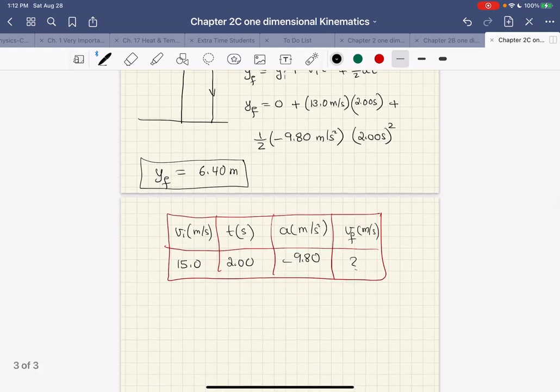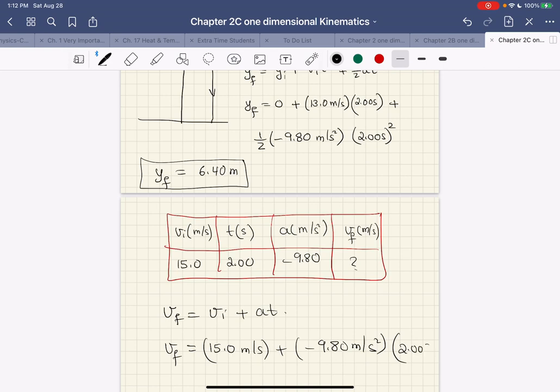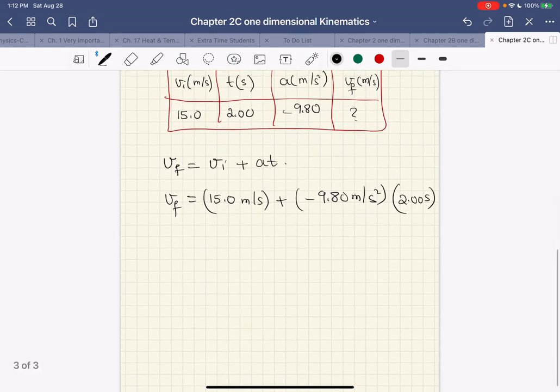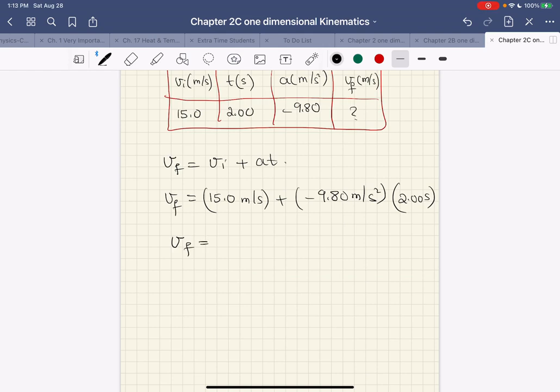The best and easiest equation here is V final equals V initial plus AT. From that, V final equals 13 meters per second plus negative 9.8 times 2 seconds, and we will find that V final is going to be negative 6.6 meters per second.